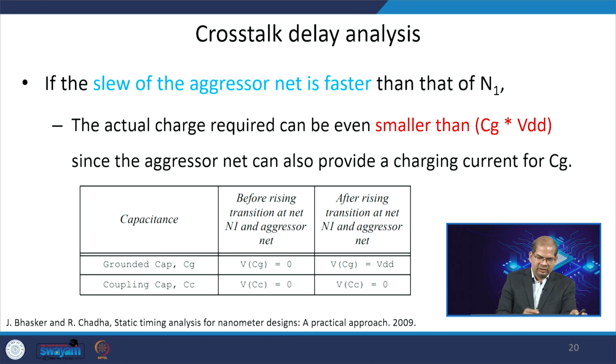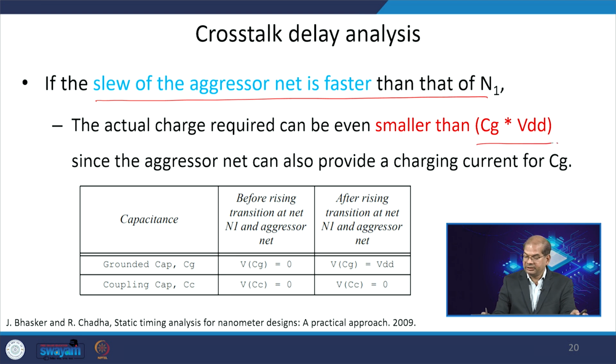In this case, if the slew of the aggressor net is faster than the victim's, the actual charge required can be smaller than Cg times VDD. If the signal is rising faster in the aggressor, then the actual charge required can be even smaller than Cg times VDD, since the aggressor net can also provide some charge for charging the Cg.